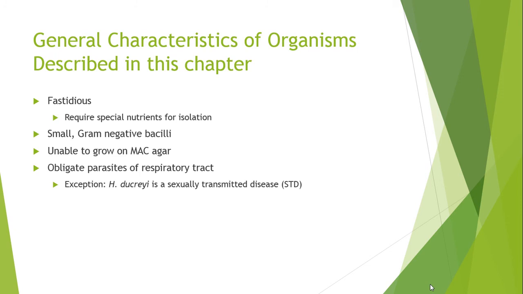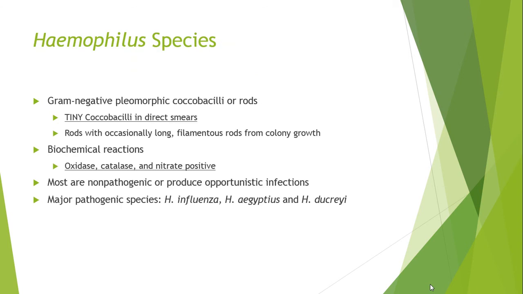There's something that McConkey agar is lacking that they require in order to grow. So they're obligate parasites of the respiratory tract. Haemophilus ducreyi is your exception to that. So most of these are respiratory tract pathogens. Haemophilus species is the first one we're going to talk about.